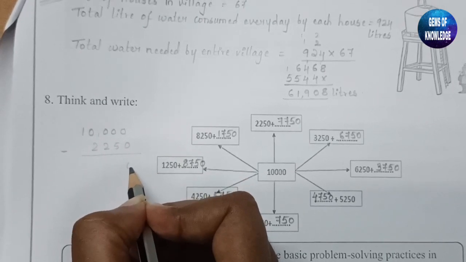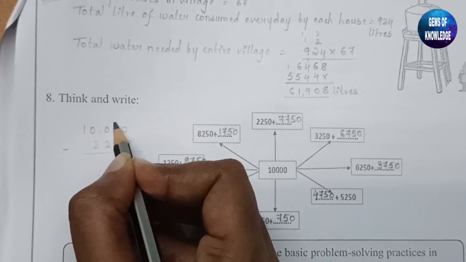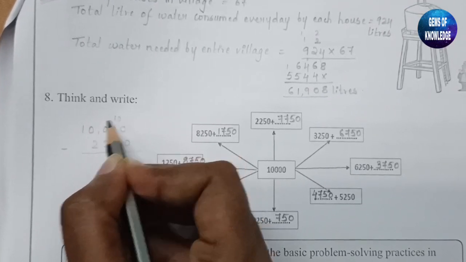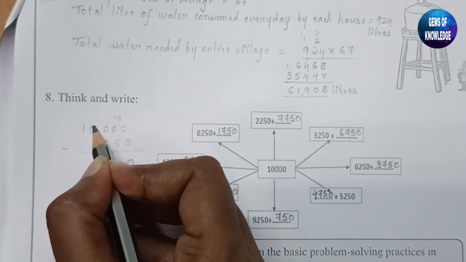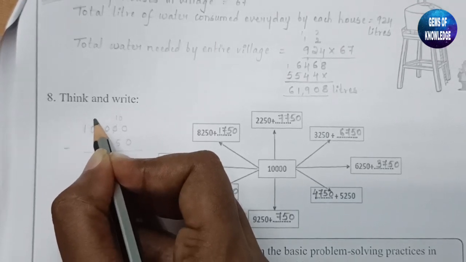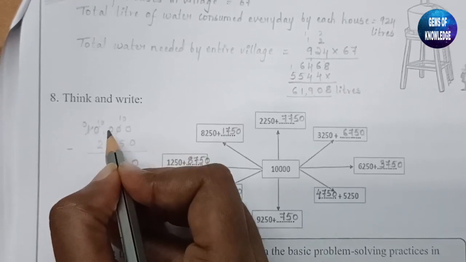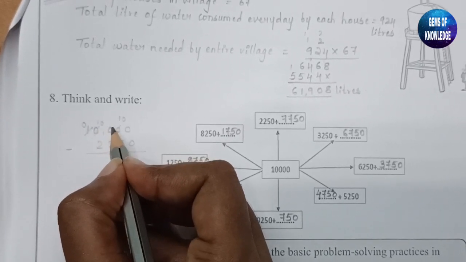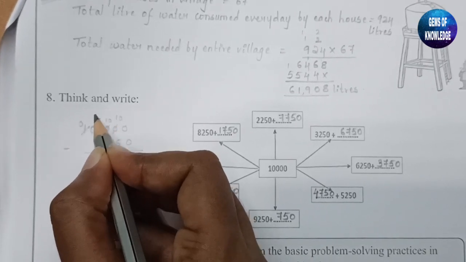0 minus 0 will be 0. 0 minus 5 you cannot do, so you have to consider this to be 10, which is borrowed from here. When you borrow from here, this will become 10 and this will become 0. Then again from here you borrow 1, this will become 10 and this will become 9.